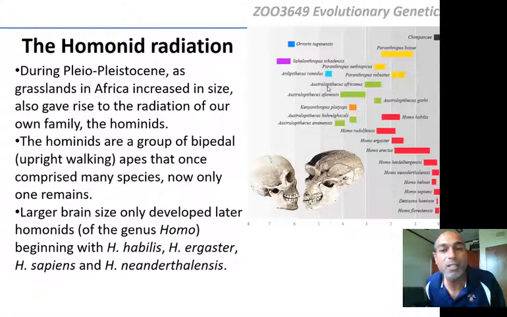Okay, Australo is southern, Pithecus is ape. Okay, also the brains are becoming bigger and bigger and bigger, and then you've got these guys here: Homo habilis, the handyman, and Homo rudolfensis from Lake Turkana. Where's Lake Turkana? Northern Kenya. Okay, southern Sudan, southern Ethiopia.